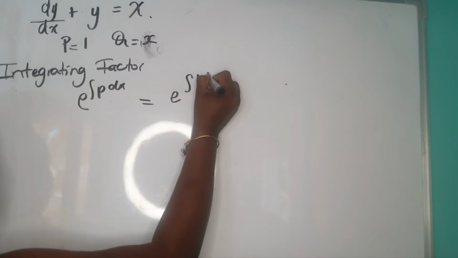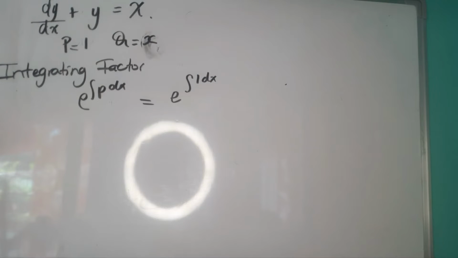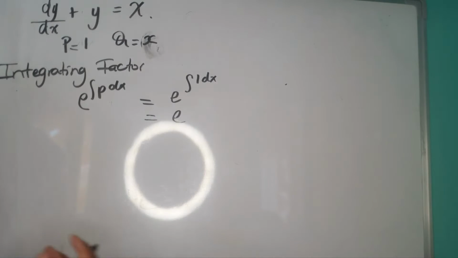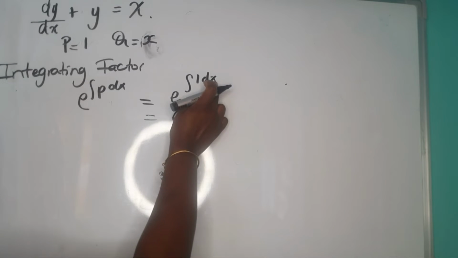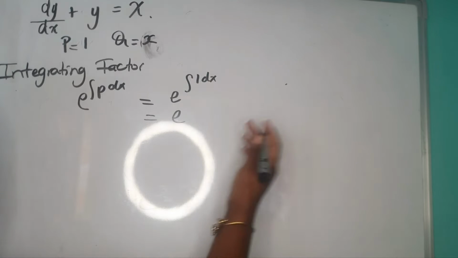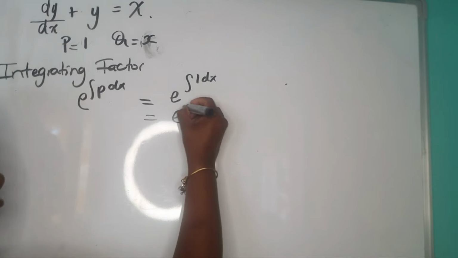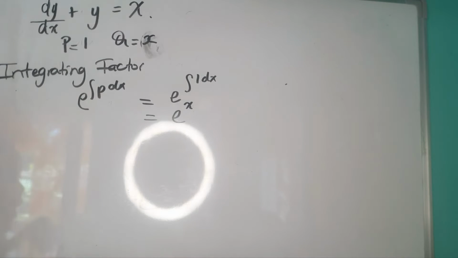Recall from unit 1 that the integral of 1, or any constant, is the constant times the value that you're integrating with respect to. In this case, we're integrating with respect to x, so it's e to the x, and that's our integrating factor.